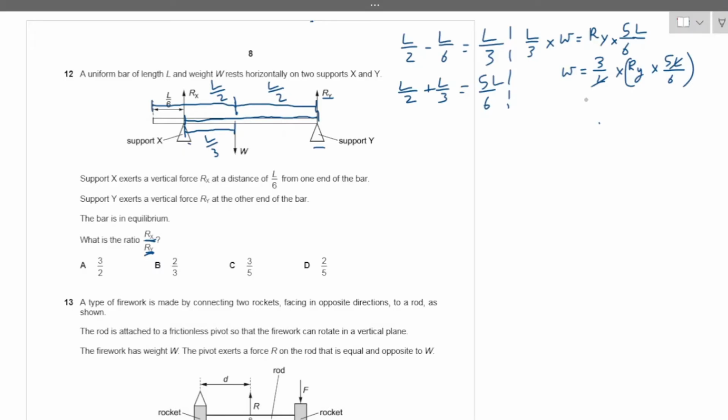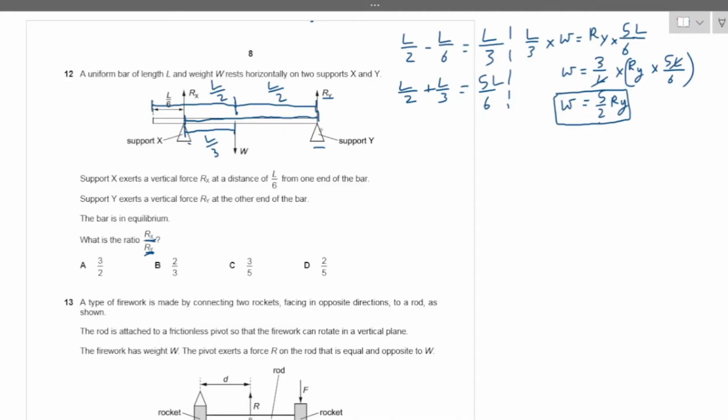L cancels out and we are left with 3 into 5 by 6. That would give us 5 by 2 Ry. W is equal to 5 by 2 Ry. Now, this is very important. Now we need to find a second equation in which we can substitute W and basically get rid of W.